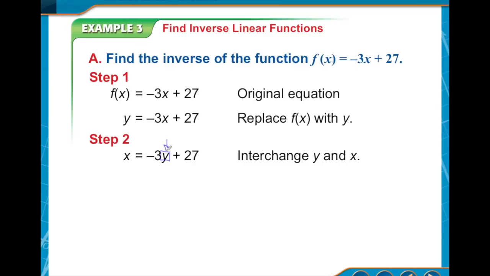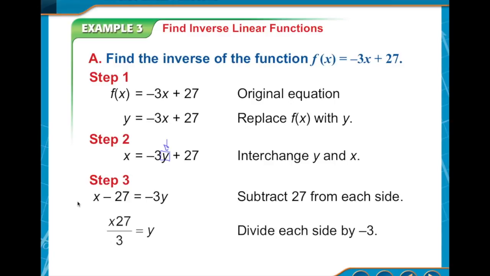There are a couple things around it, so how do we get rid of them? We'll do the opposite operation. So to get rid of the 27, we'll subtract. And that'll give us this step. And to get rid of the negative 3, we know it's tied by multiplication, so we will divide.